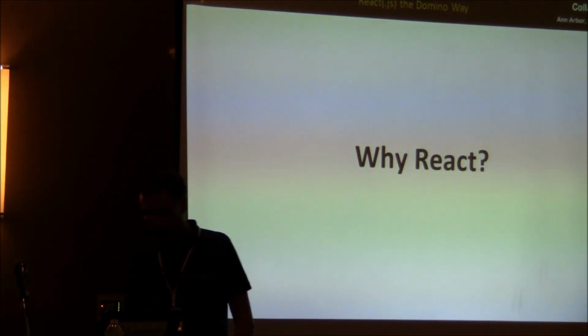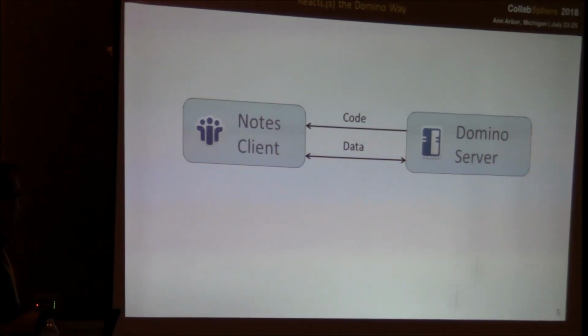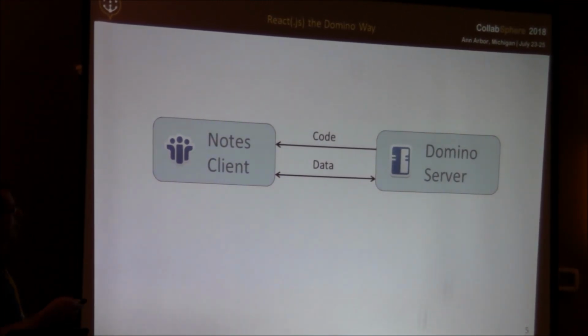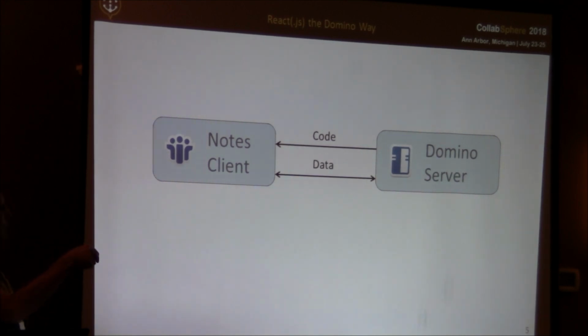So, why React? Let's have a short look into the history. The classic Notes development is a Notes client and a Domino server, and if we start an application and a database, then the code gets transferred to the Notes client. It gets cached in the cache, and from there on, it just talks data between client and server, just data with RPC.